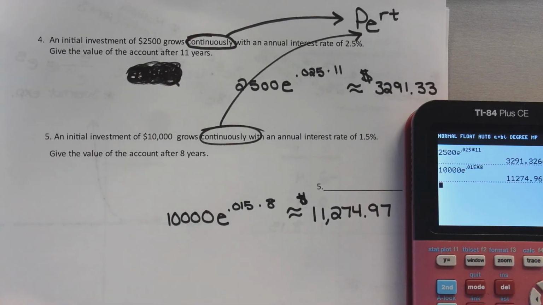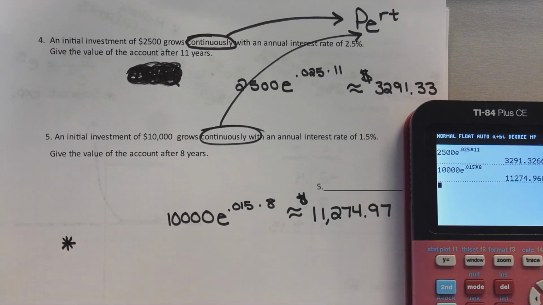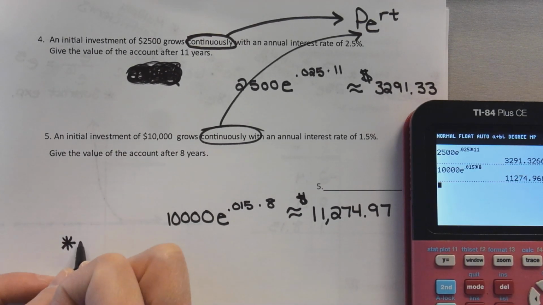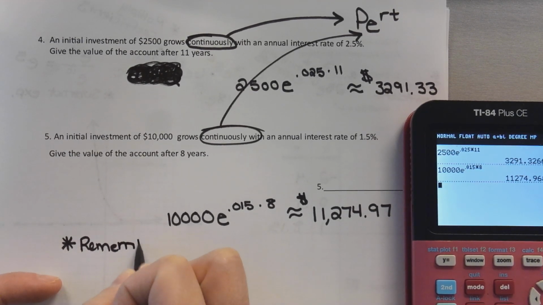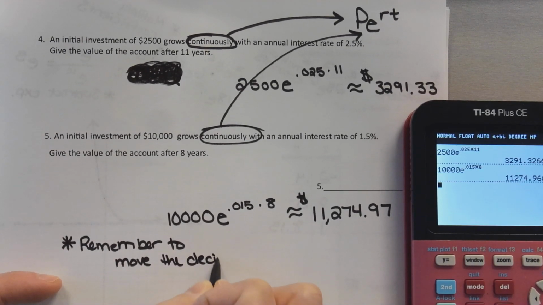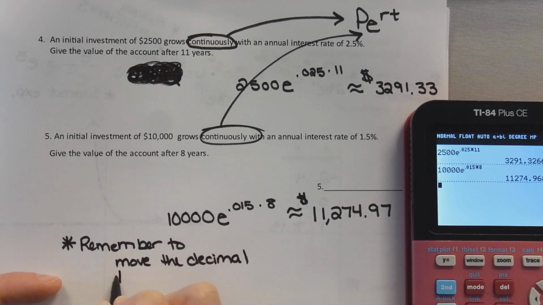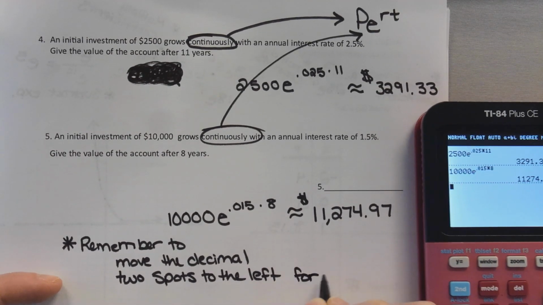Another thing that could be good, since we have a quiz tomorrow, which is why we're doing the review, another good thing to write yourself as a note is to remember to move the decimal 2 spots to the left for your percent.